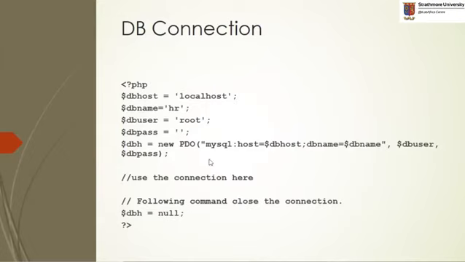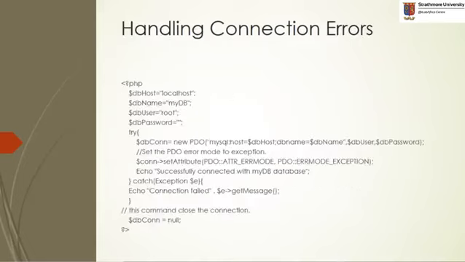And then we have the user, and then we have the password. After we have done that, our connection is created. After that connection, and you have done all the things you wanted, now you can close the connection. So you just set DBH equal to null. So we declare the variables, and after declaring the variables, we have a try catch block of code that is going to capture the exception.